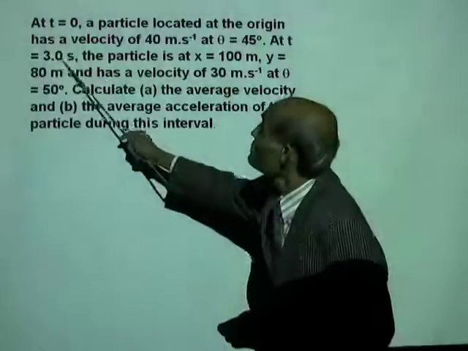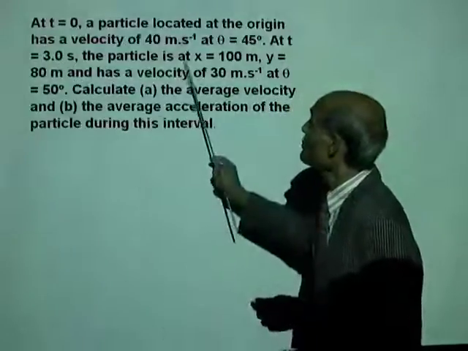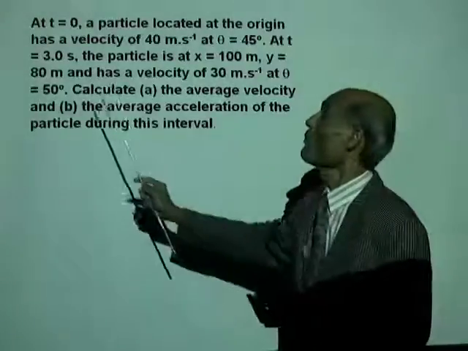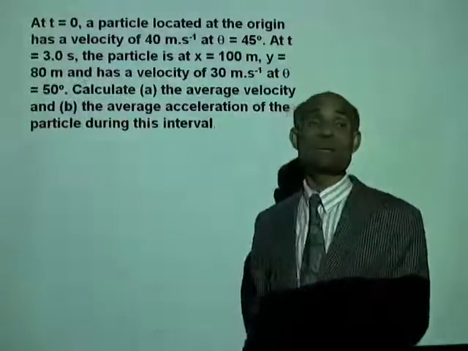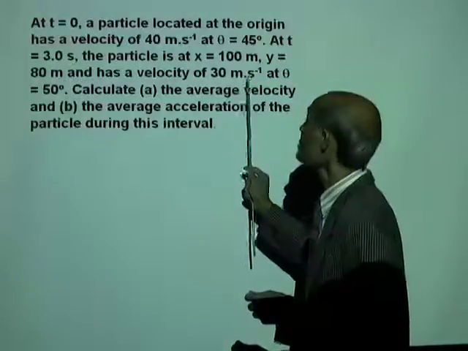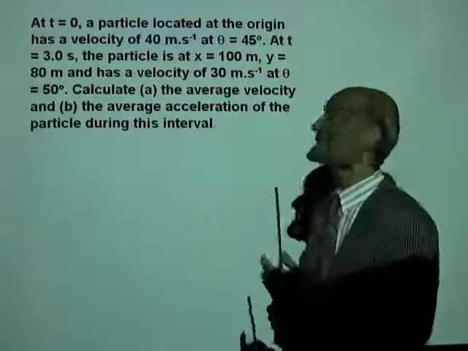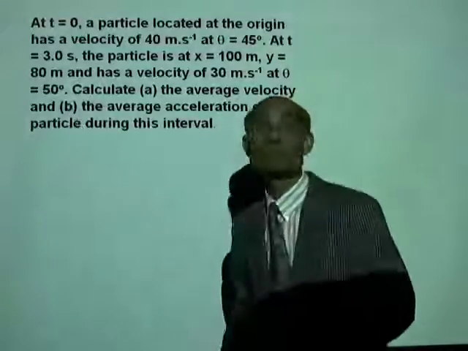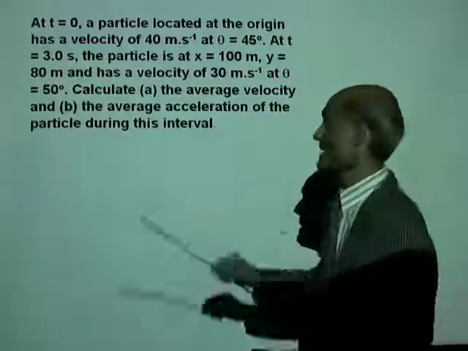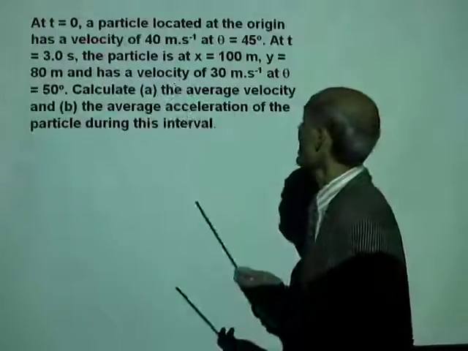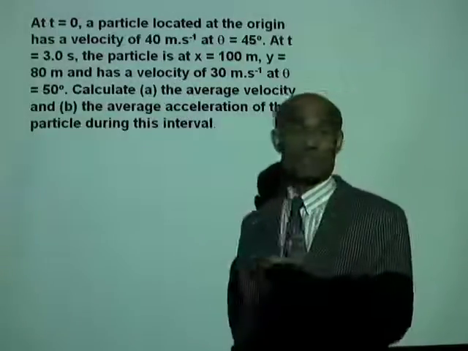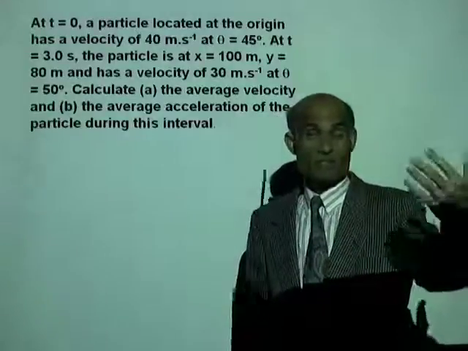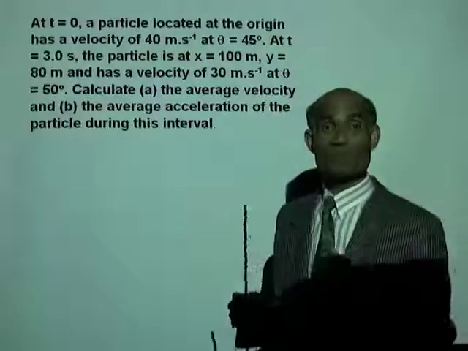At t equal to 3 seconds, the particle is at x equal to 100 meter, y equal to 80 meter, and has a velocity of 30 meter per second at an angle theta equal to 50 degrees. Calculate A, the average velocity. Well, that is not different from what we did last time.